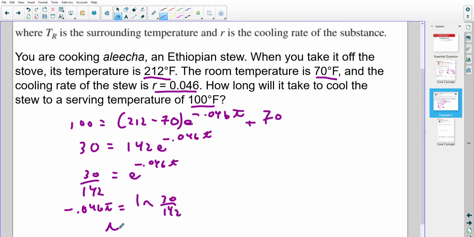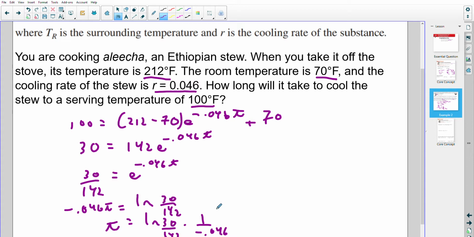And at this point, we want to divide by negative 0.046. And then we grab the calculator and let's see, natural log of 30 divided by 142 times 1 divided by negative 0.046.